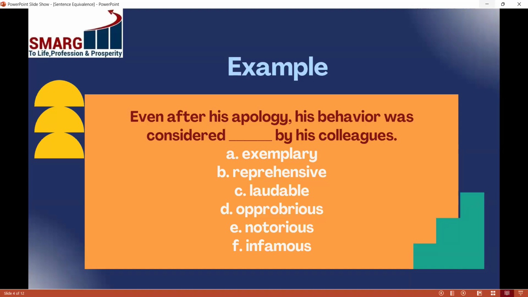Now when we talk about opprobrious, last time we had that example. The mother was getting irritated, perhaps, or we were dealing with scorn. So when we talk about that particular scorn, that is very different.